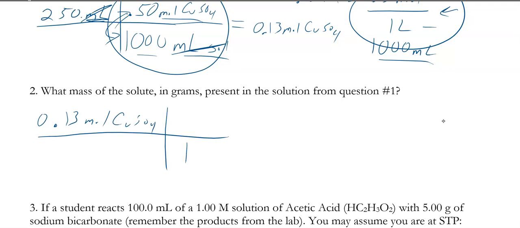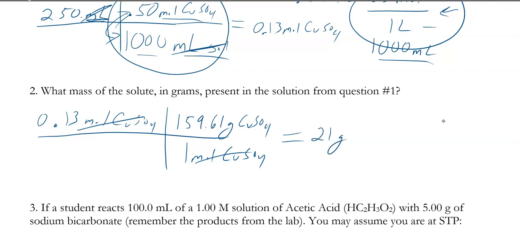I know that 1 mole of the copper sulfate will equal the molar mass, which is 159.61 grams of CuSO4. Again, let's check our units. Our moles of copper sulfate will cancel, and when we multiply that out, we get about 21 grams of the copper sulfate.